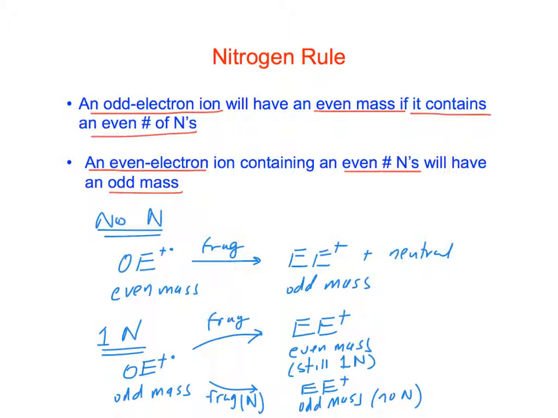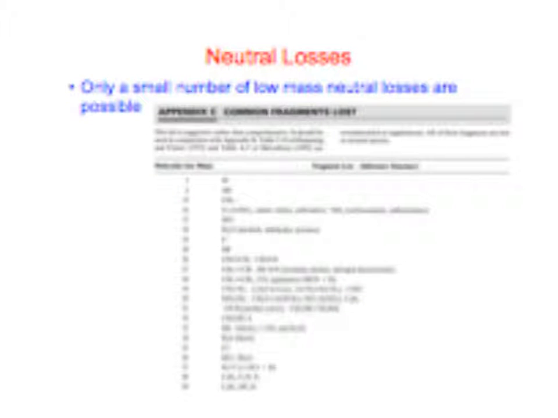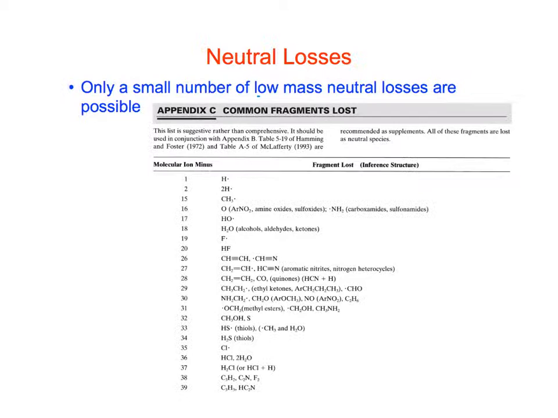It has to be made up of atoms, and atoms only come in certain masses. So here's a list of low mass neutral losses that are possible.